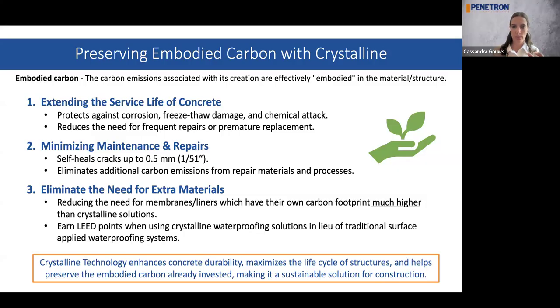You don't need to put membranes or liners or coatings on it anymore, which have a very high carbon footprint compared to the crystalline solutions. And you can earn LEED points by using the crystalline system instead of traditional surface applied systems. In a nutshell, you're preserving it because your structures last longer. You don't need to demolish your structures as soon as you would if you don't treat them.